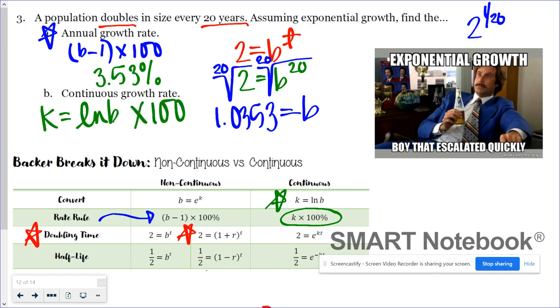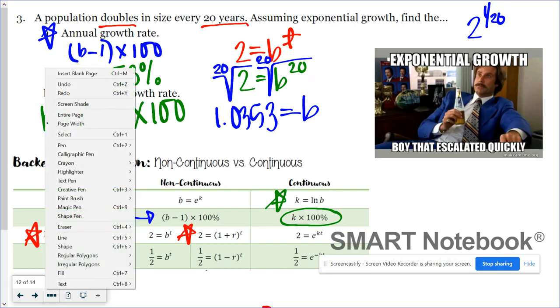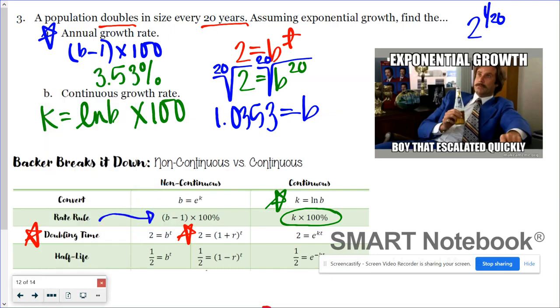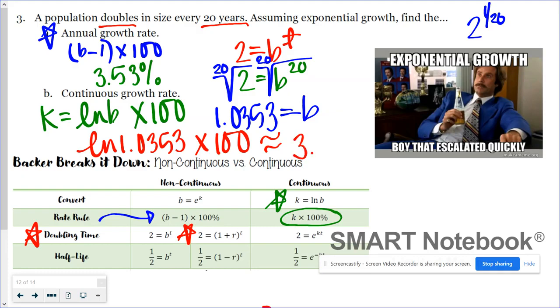That's how I'm going to find the continuous growth rate. So I'm calculating the natural log of 1.0353, and multiplying that by 100, doing all of this on my calculator, and I get 3.469%. Slightly different from the annual growth rate, and it should be.